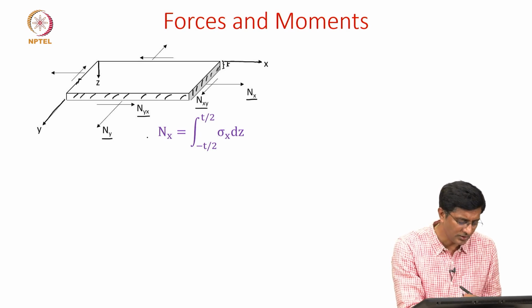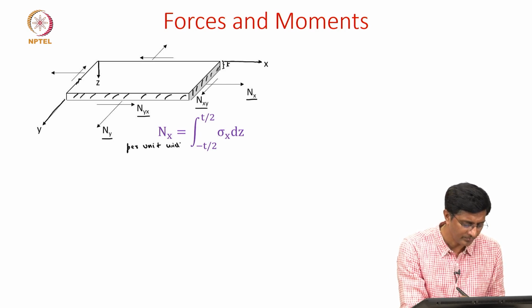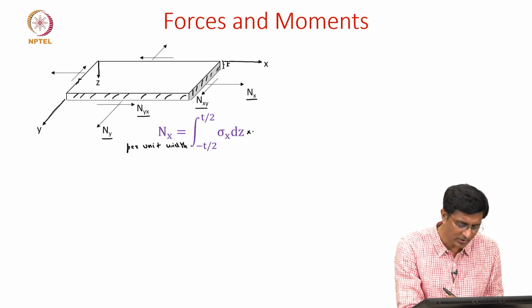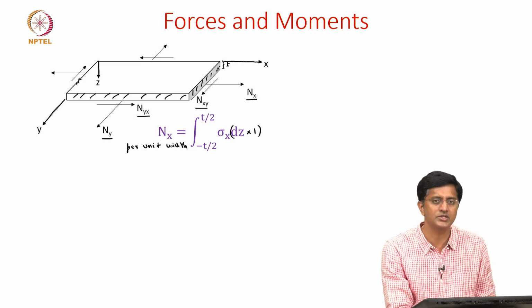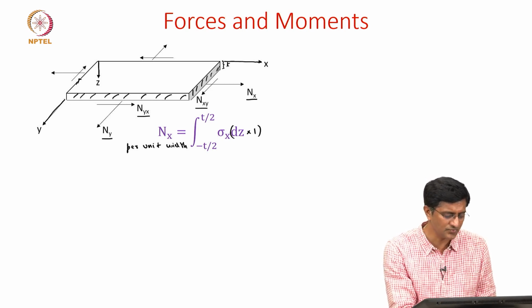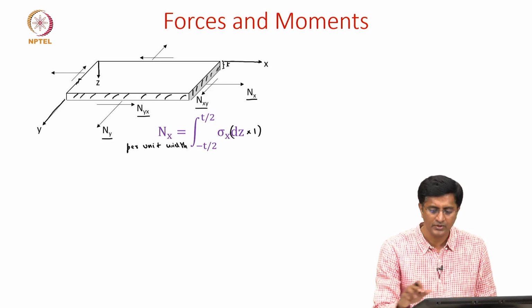So essentially this Nx is per unit width, because we are assuming that this is 1 and this dz times 1 is the actual cross section area on which these stresses sigma x are applied, and because of these stresses we get this normal force Nx.